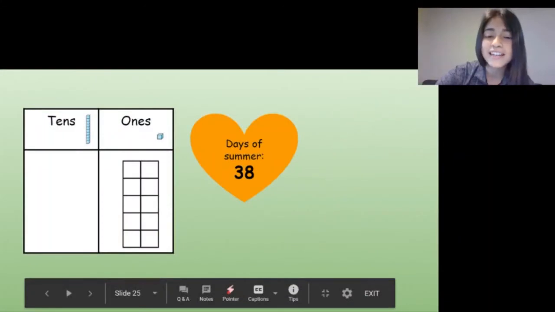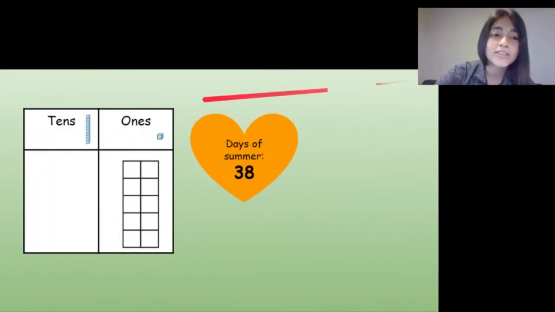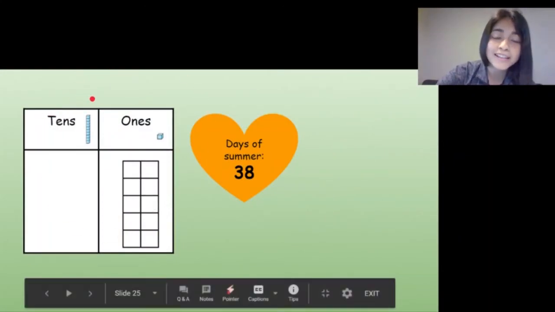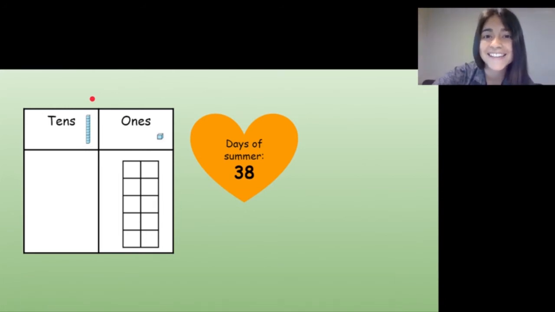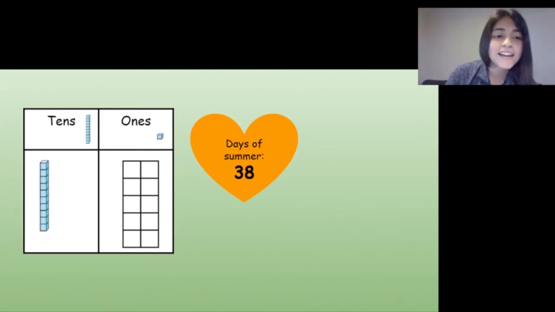All right, now we're going to take that number 38 and we're going to show what it looks like with tens and ones blocks. How many tens are in the number 38? That's it. There are 3 tens. 10, 20, 30. So I'm going to bring over 3 tens. 10, now that's 20, and now that's 30.